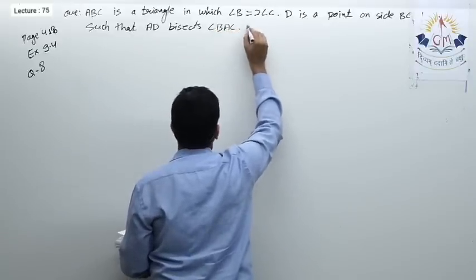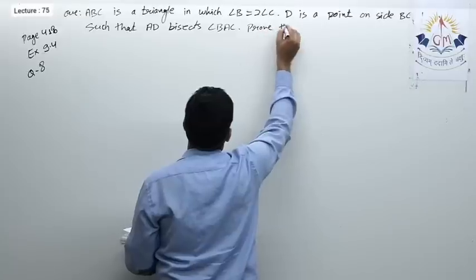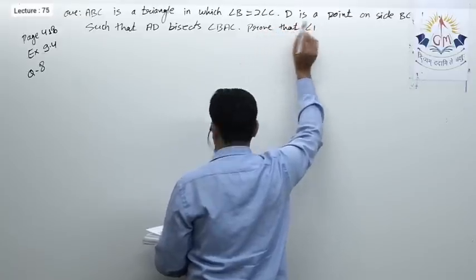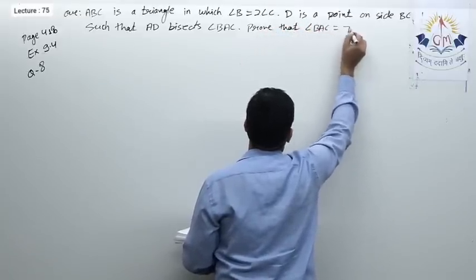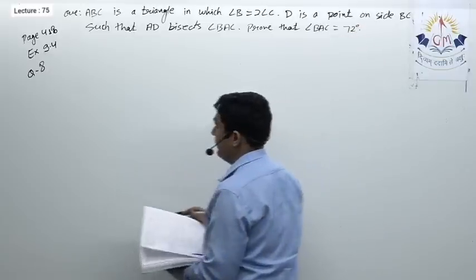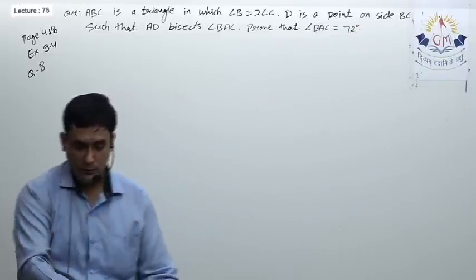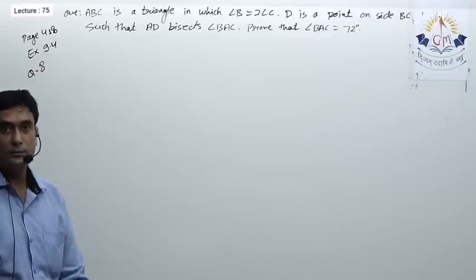Prove that angle BAC is equal to 72 degrees. Okay, so try for a while, then I will give the solution.